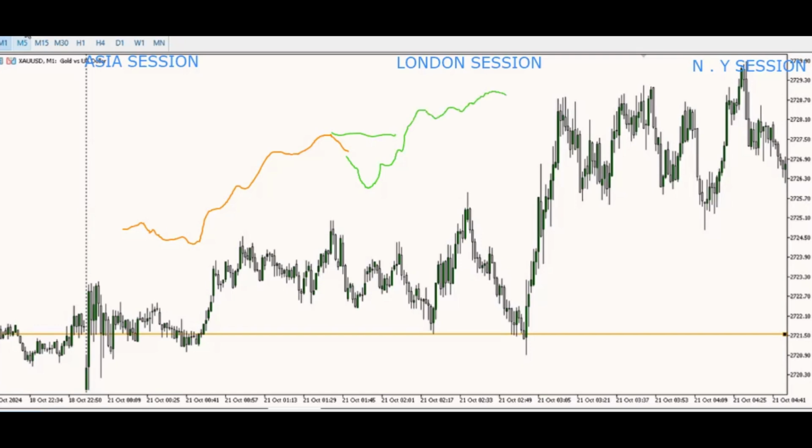Let's see why. It does three things. The market could either trend, be it bullish or bearish. The market could reverse, or the market could be in a consolidation. After studying, it came to my realization that Asia, let's say it starts from a key level, then we break it and start a move. When London wants to start, let me change the color.